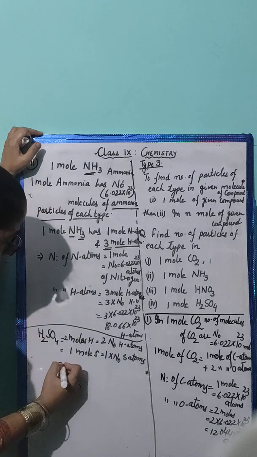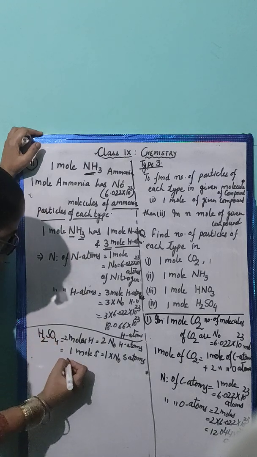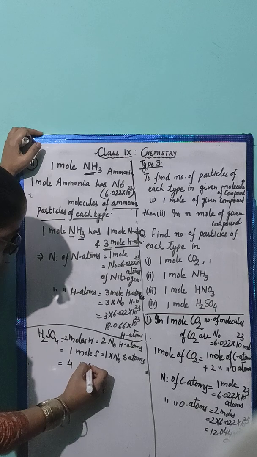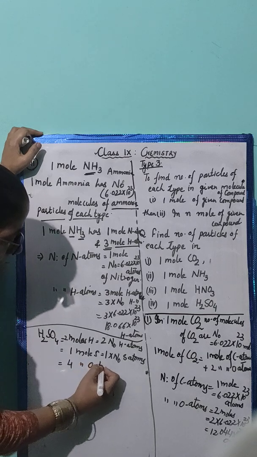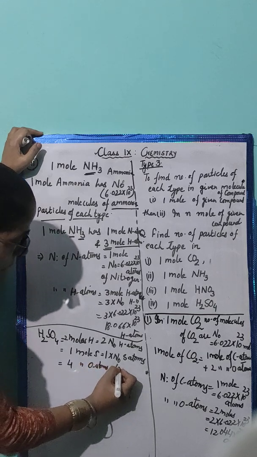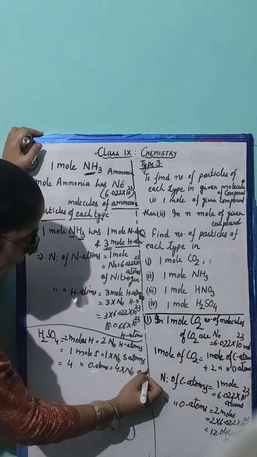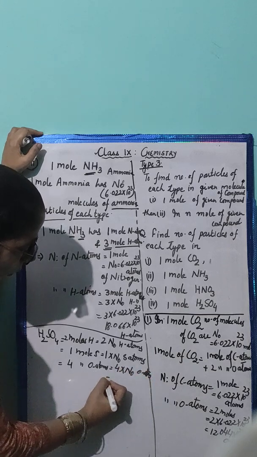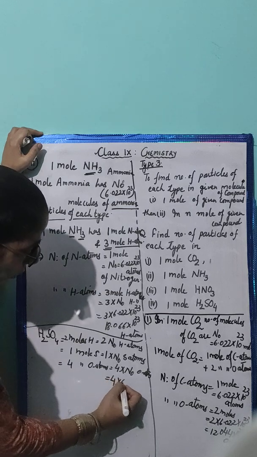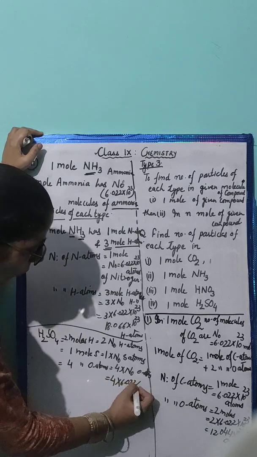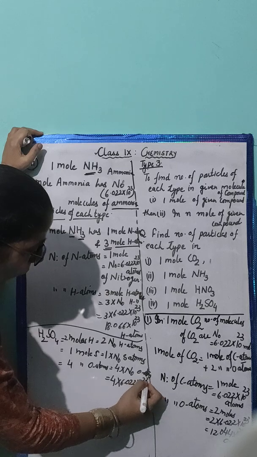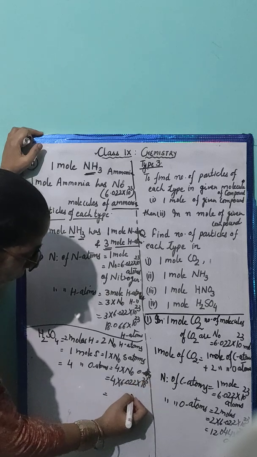And how many O are there? 4 moles of oxygen atoms. So 4 into N naught oxygen atoms, which means 4 into 6.022 into 10 to the power 23.